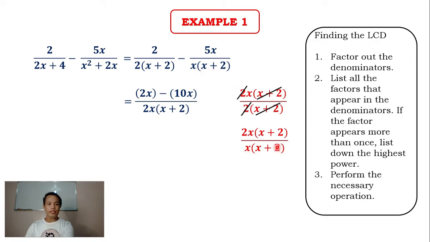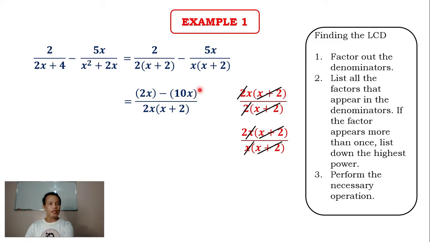We cancel out the common factors, x and x plus 2, and what remains is 2. We multiply this 2 to the numerator 5x, so 2 times 5x gives us 10x.